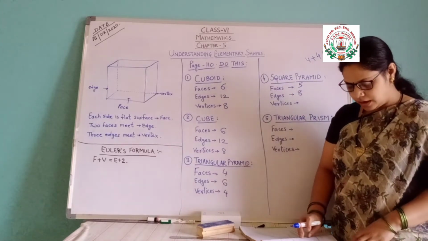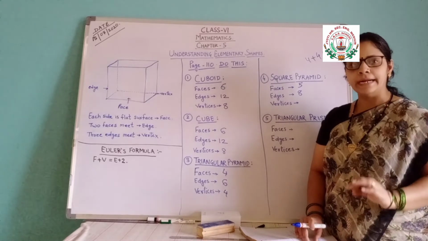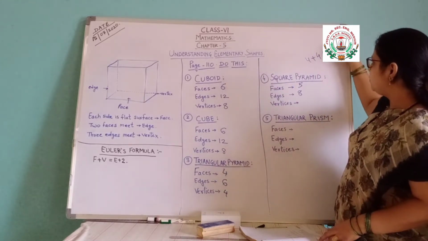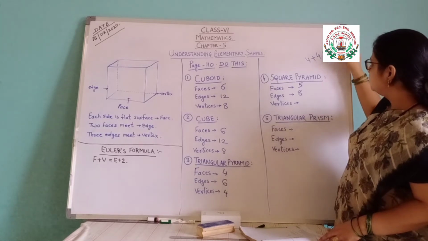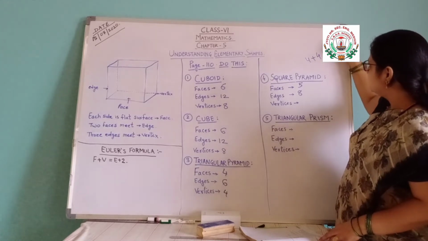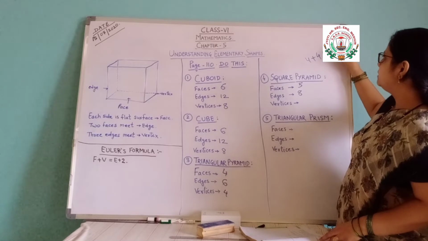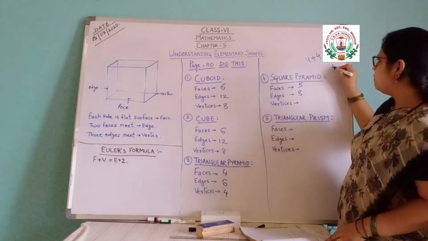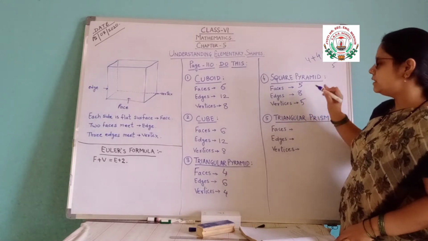And now corners. From all these four, at one point they all will be meeting like this. So this is one common meeting point, and these are the four corners. So total 4 plus 1 is 5. So 5 vertices will be there.